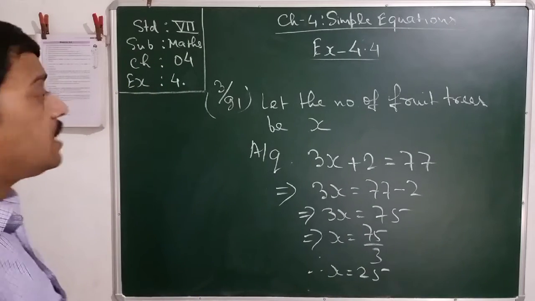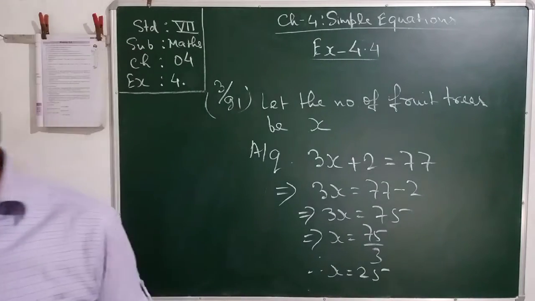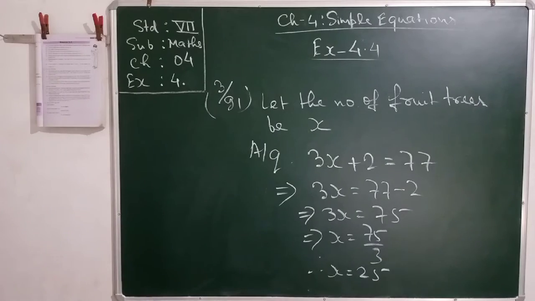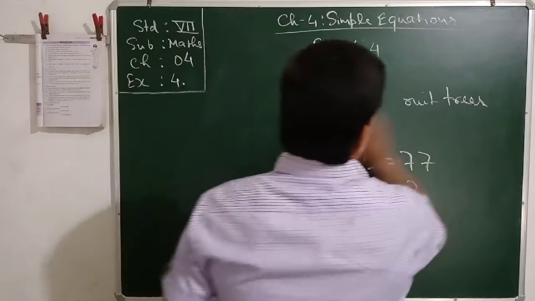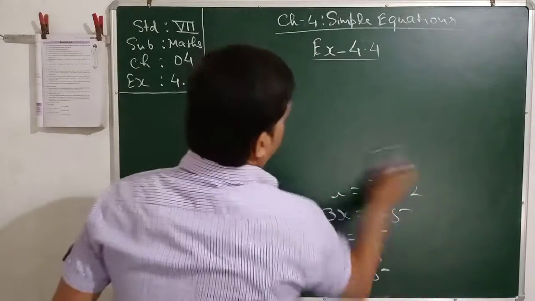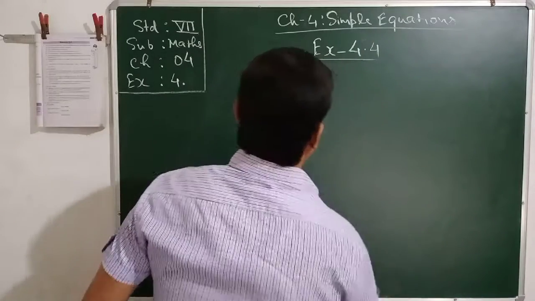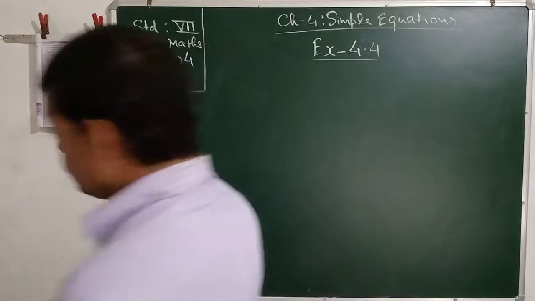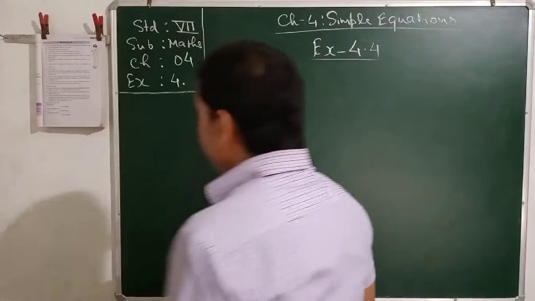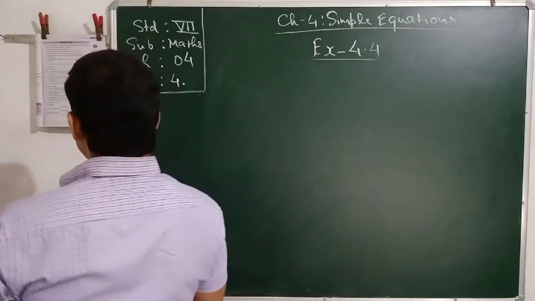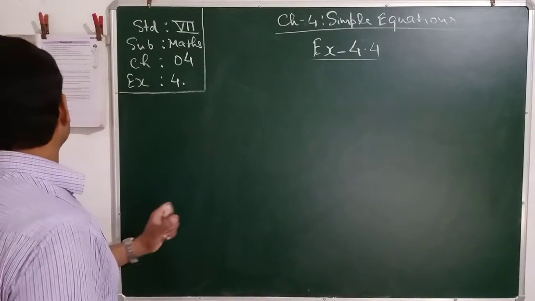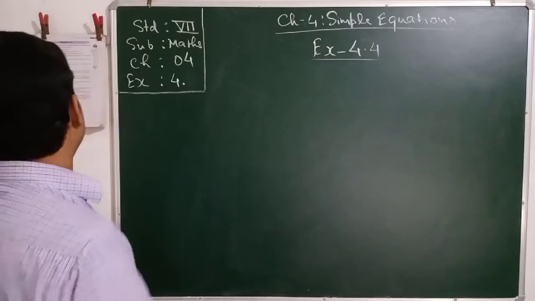Come to the last sum, number 4. You are asked to identify the number. I am a number, tell my identity. And what are the things given about the number? Take me 7 times over.